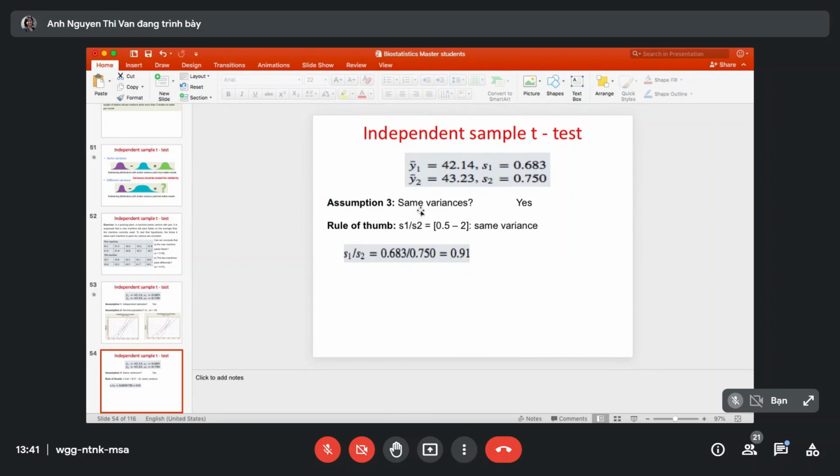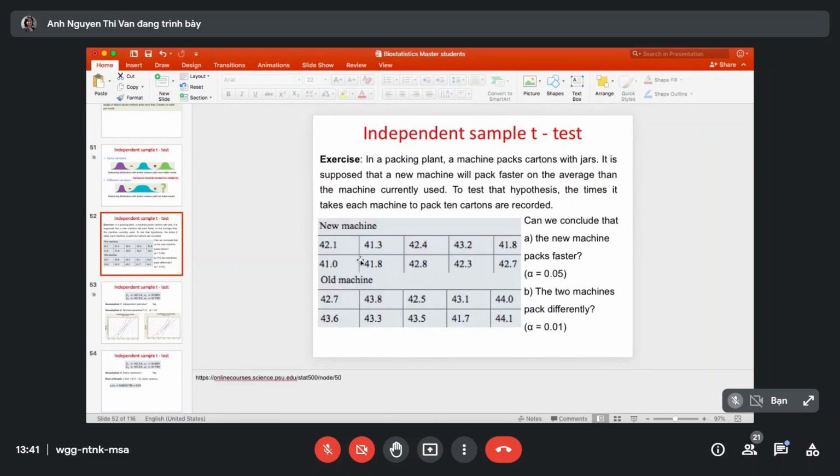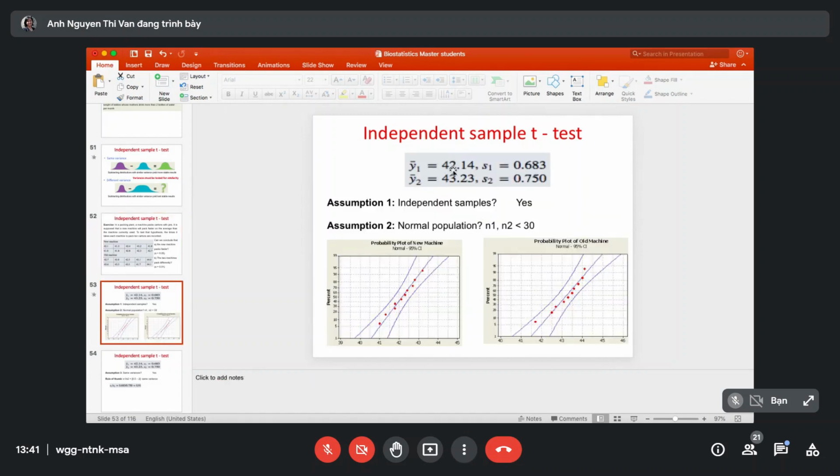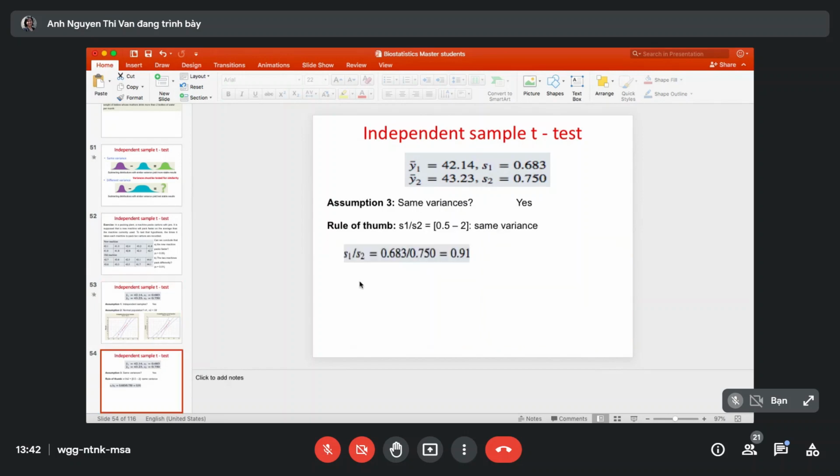So in this case, because we already have all the data, you have the packing time for the new machine, you have the packing time for the old machine, so you can calculate. It's important for you to calculate the mean, okay? The mean and the variance. S is the standard deviation, S square is the variance, okay? So you need to calculate the variance. Here I gave you already the variance, S1 and S2, okay?